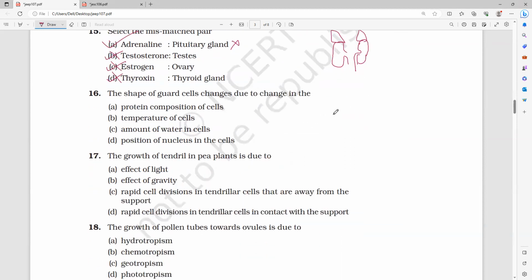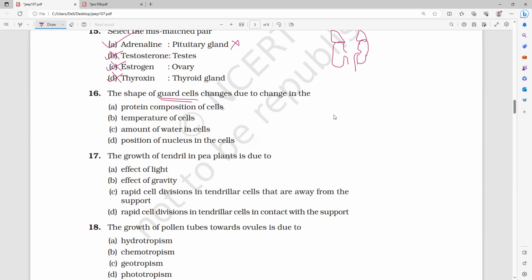Next, the shape of guard cells changes due to the change in the amount of water in the cell. Option C. Guard cells are present where, guys? On stomata.